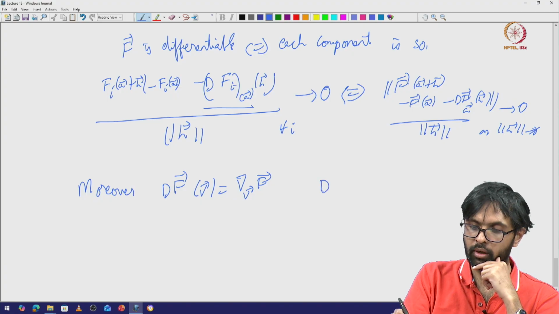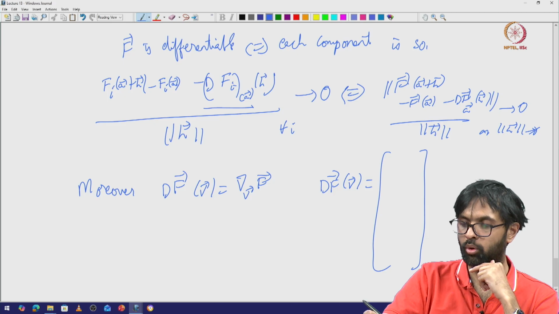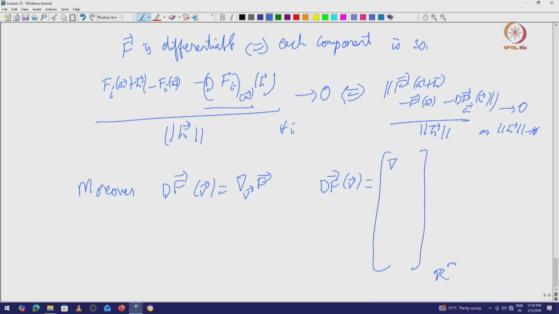So df acting on v is a vector in Rm. What's the first component of this vector? It's just the directional derivative of the first component of f. What's the second component? It's the directional derivative of the second component, and so on, right?